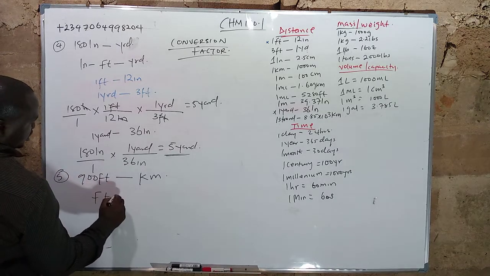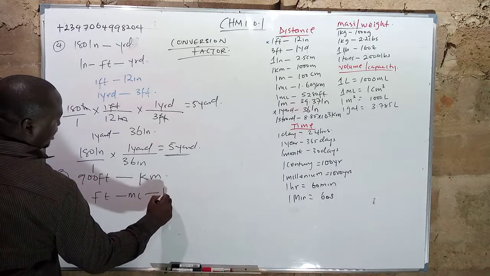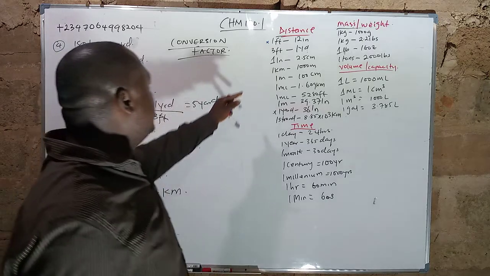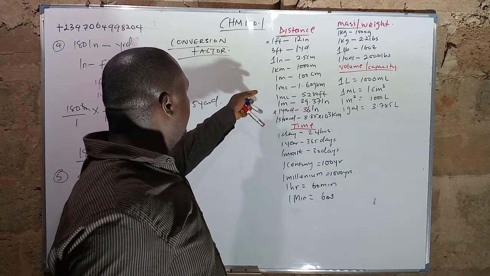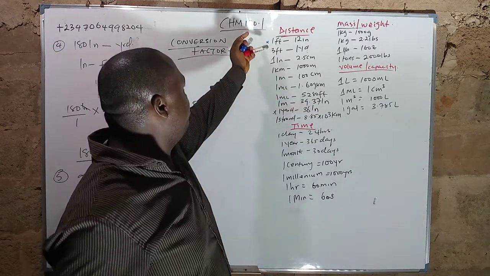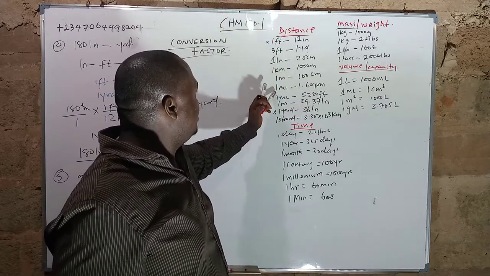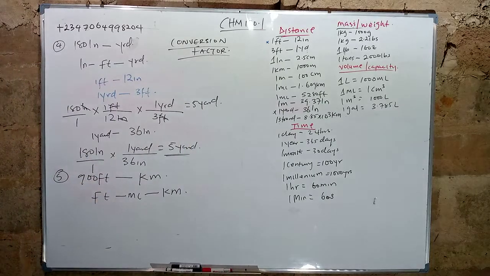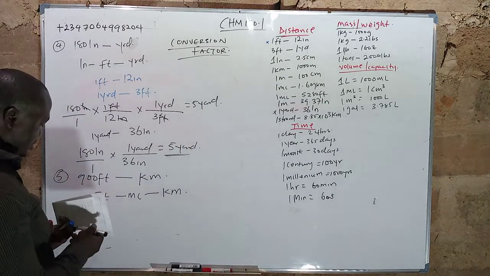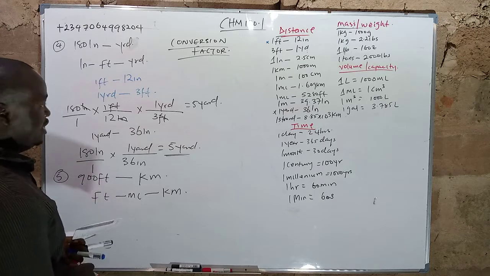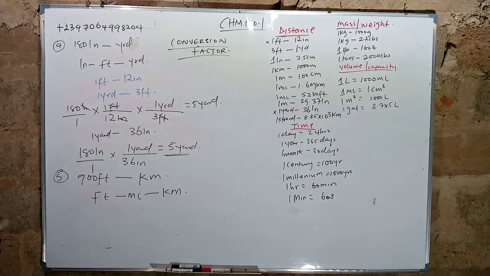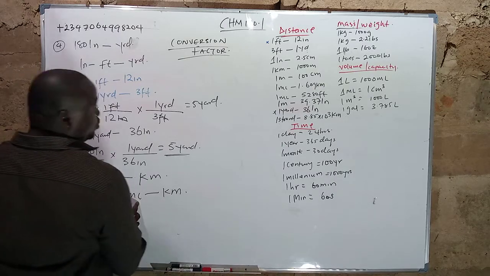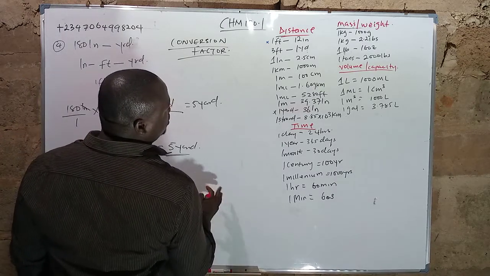Because we don't have a direct one, the best thing is to move from foot to miles, from miles to kilometers. That's how you do it. So this is 3-step conversion, right? And for the conversion factors, the first one is I want to move from foot to miles. So we have the one that connects foot to miles, right?